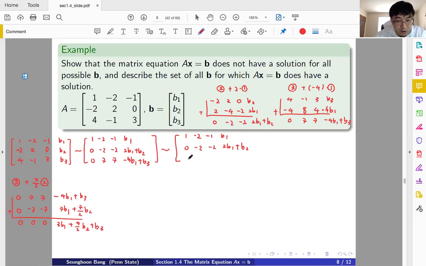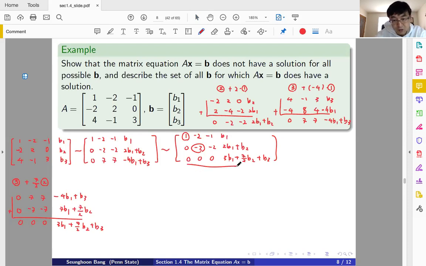The third row is 0, 0, 0, and the last entry is 3b1 plus 7 over 2 b2 plus b3. So we have a pivot in each row, 1 is a pivot, 2 is a pivot, but the third row has none.